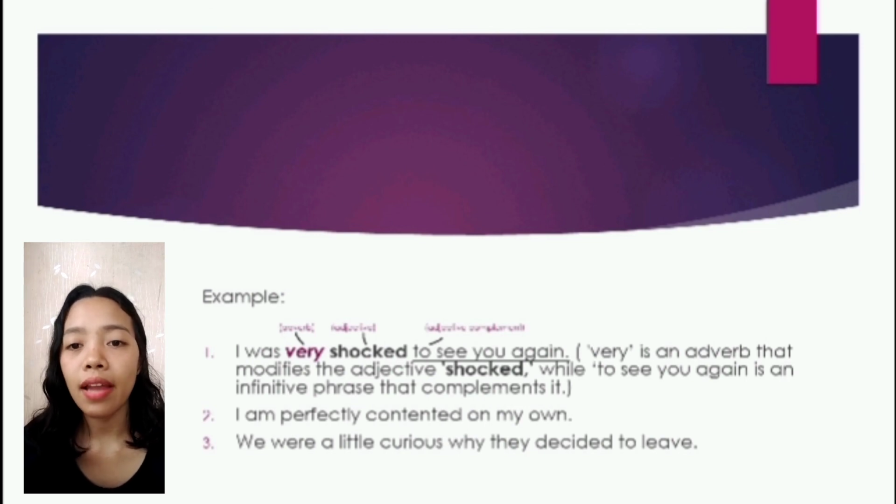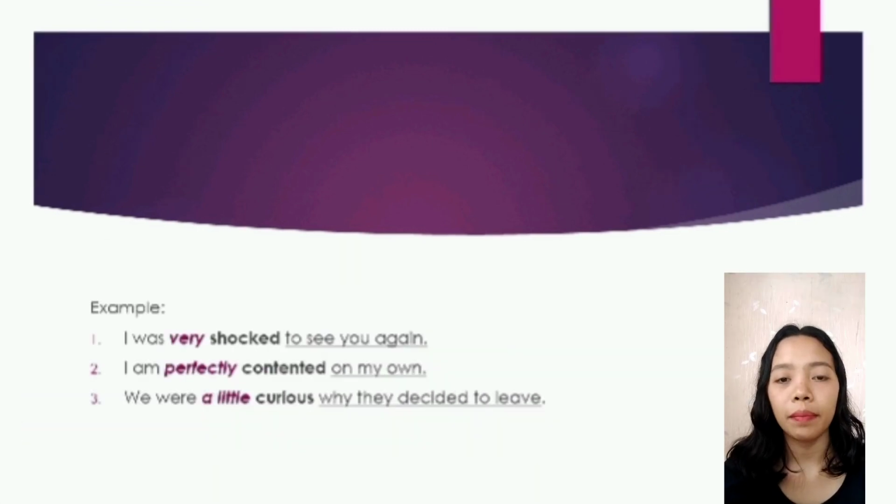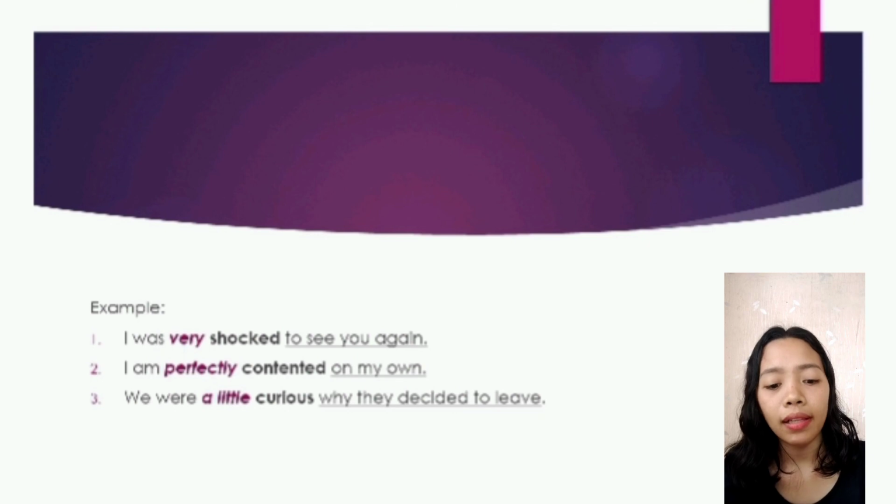Very is an adverb that modifies the adjective shocked, while to see you again is an infinitive phrase that complements it. So next example, I am perfectly contented on my own. So perfectly is an adverb that modifies the adjective content, while on my own is the prepositional phrase that complements it.